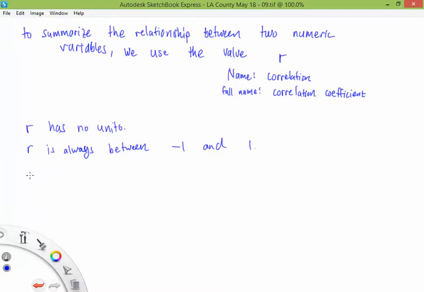If R is positive, the relationship is, quote-unquote, positive, and I'll explain what this means. If R is negative, the relationship is negative.